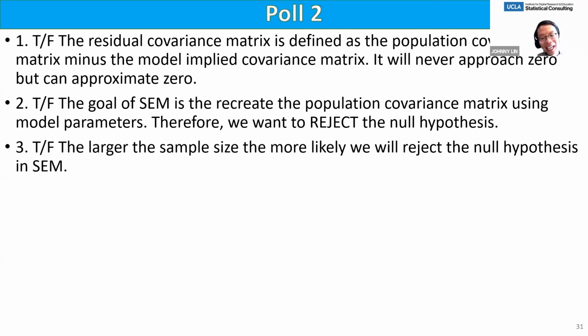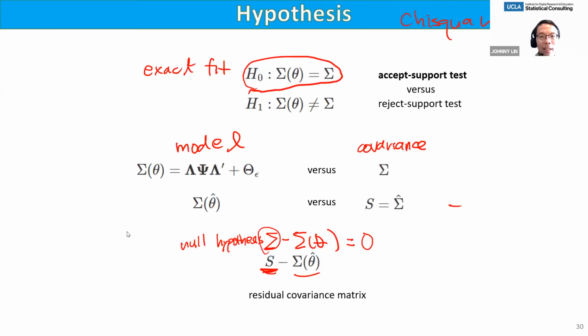Okay, so the first one was kind of hard, I guess. The residual covariance matrix is defined as the sample covariance matrix minus the sample model implied covariance matrix. So what I'm talking about is this thing here, not this thing on the top, right?